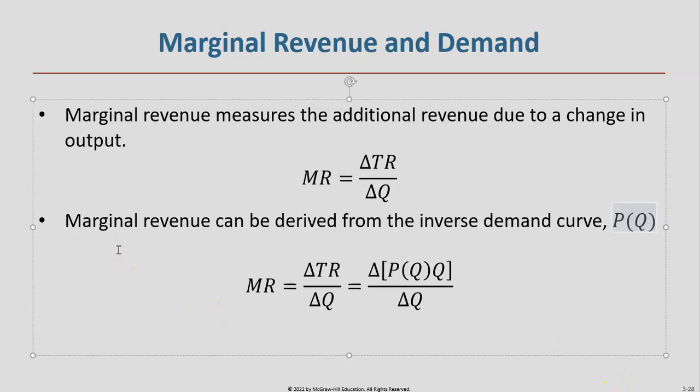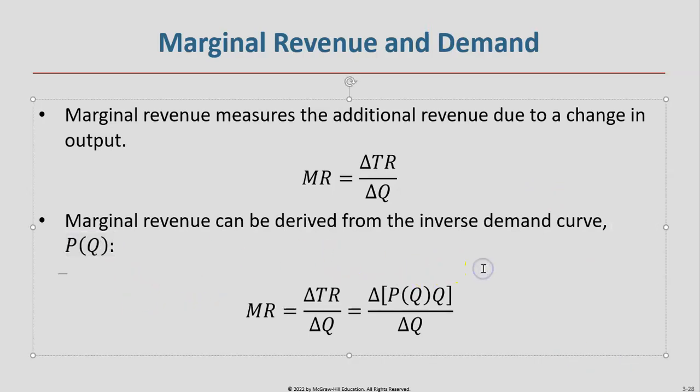Okay, so in that case, total revenue is equal to price, which is a function of quantity, times quantity. So marginal revenue is the change in the product of price and quantity divided by the change in quantity.